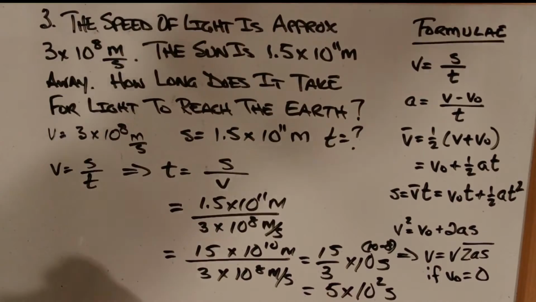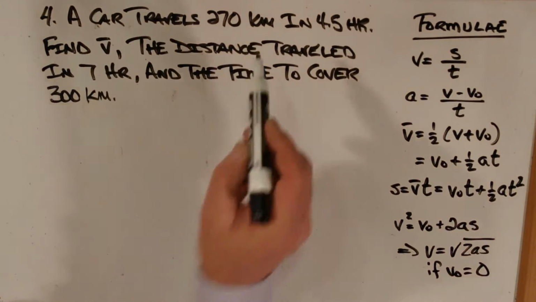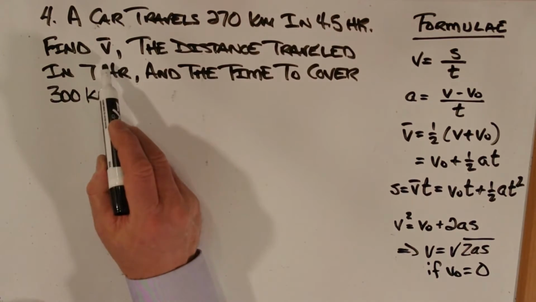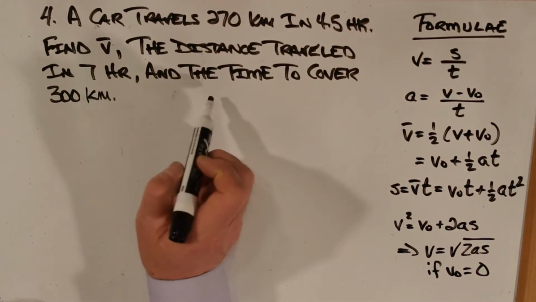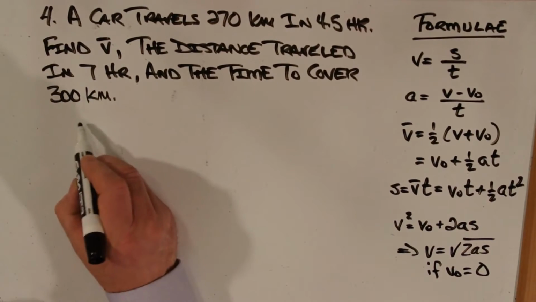Our fourth problem, a car travels 270 kilometers in 4.5 hours. We're asked to find the average velocity, the distance the car will travel in 7 hours, and how long it takes for the car to cover 300 kilometers.